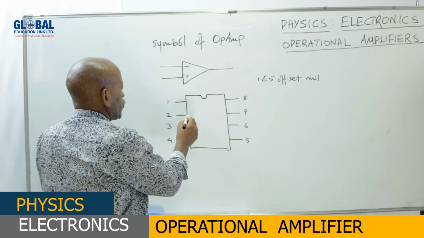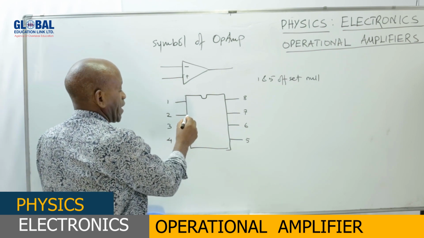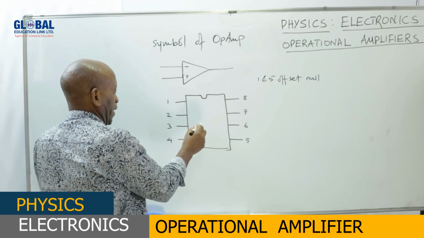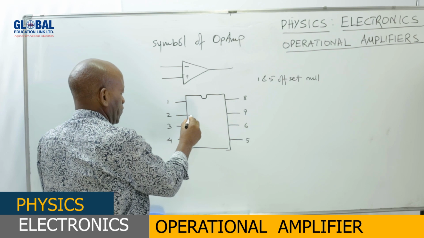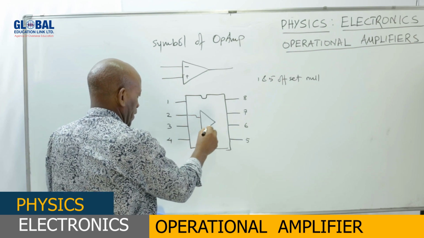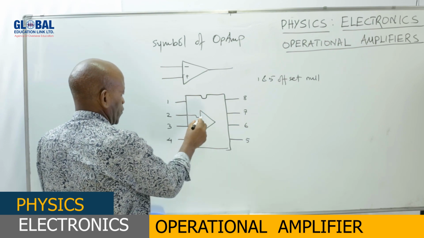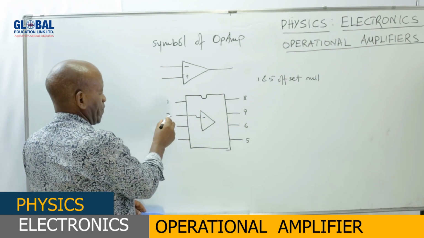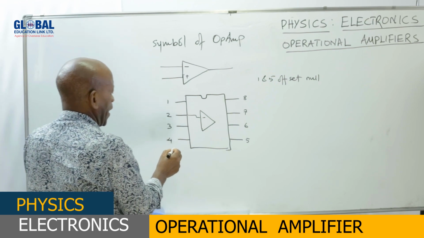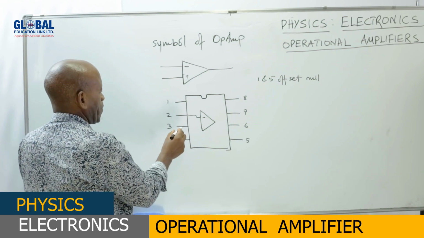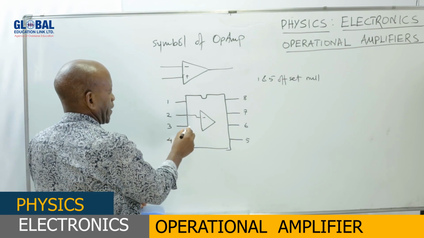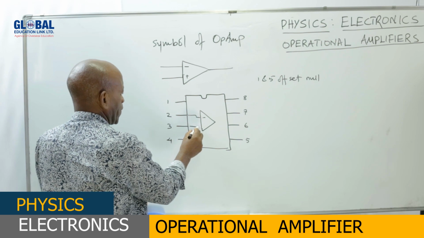But leg number 2, this is an inverting terminal of our operational amplifier. So we could have our operational amplifier like this. So this is an inverting terminal, and number 3 is a non-inverting terminal.